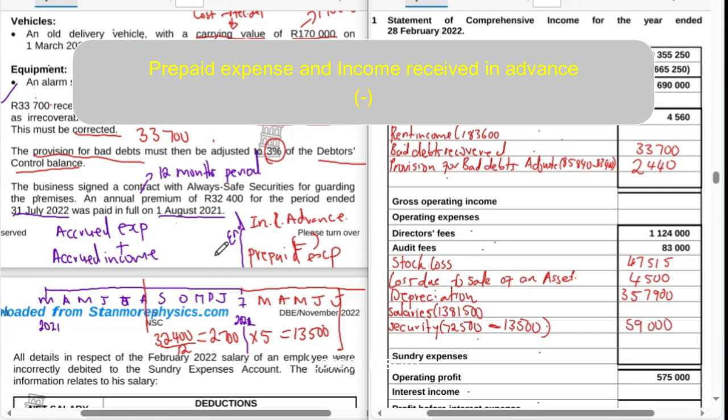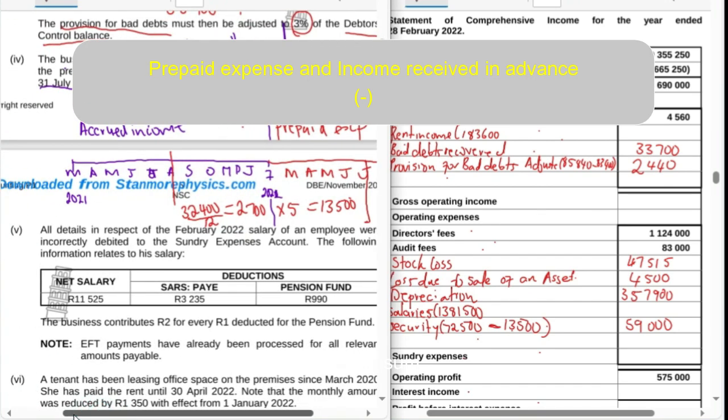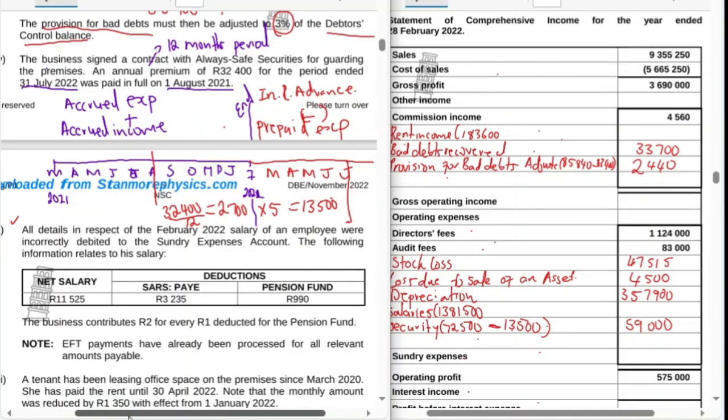And then guys, let's move on to another transaction, transaction number 5. It says all details in respect of February 2022 salary of an employee were incorrectly debited to the sundry expenses account. Full stop. The following information relates to his salaries.